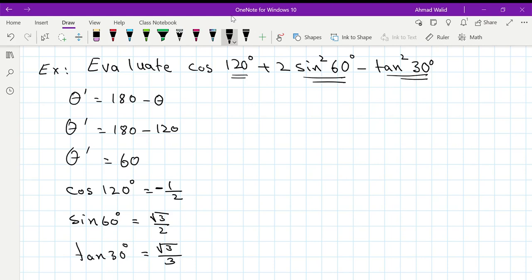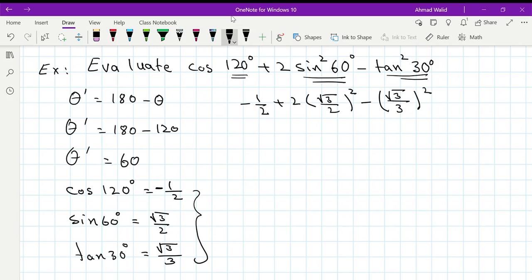Plug in these three values in this expression and calculate. Instead of cosine of 120, you can write negative 1/2, plus 2 times sine of 60, which is radical 3 over 2, squared. All of it is squared because it's sine squared. Minus, instead of tangent of 30, you can use radical 3 over 3, squared.